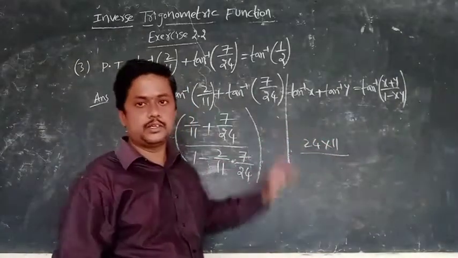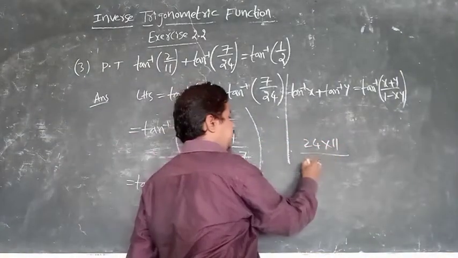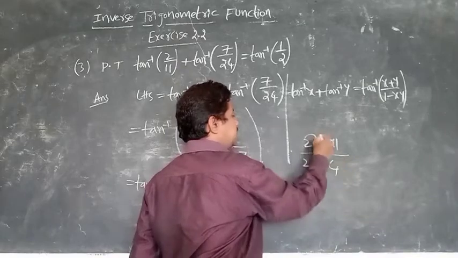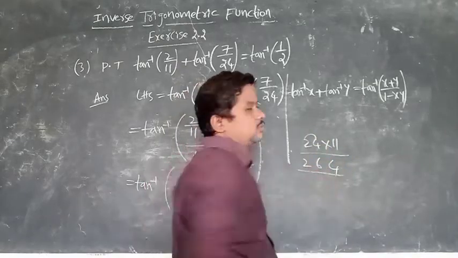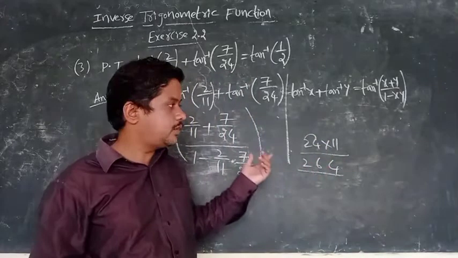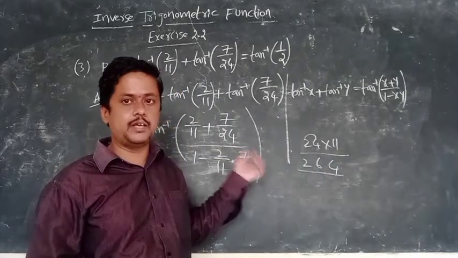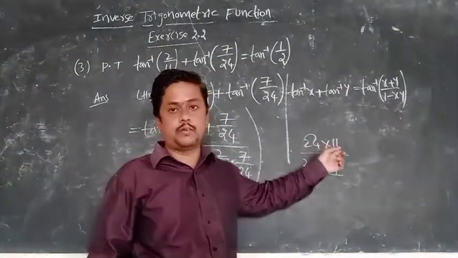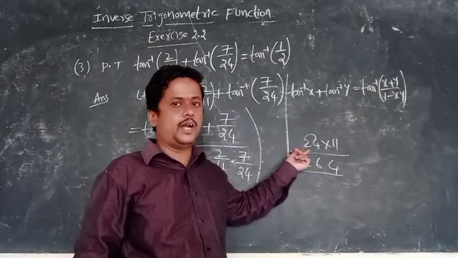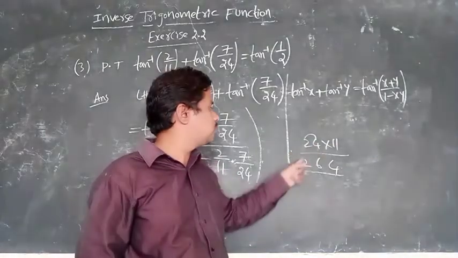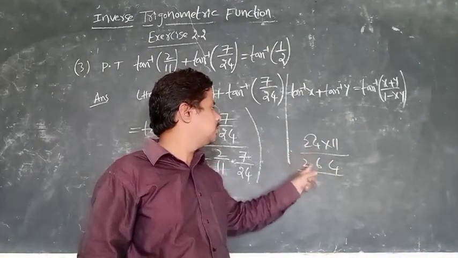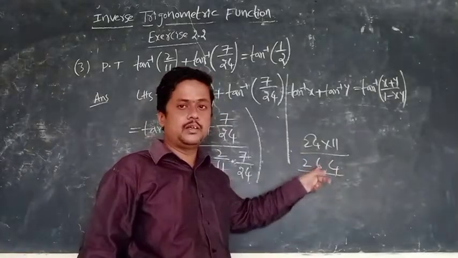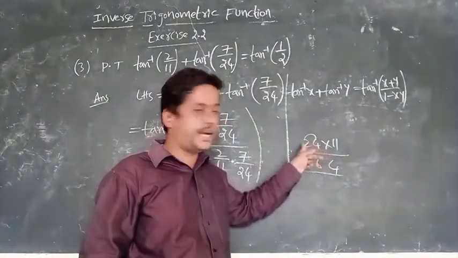24 into 11: write 2 4, and in the middle add these two digits, 2 plus 4 is 6, so 264. If you take any two-digit number and multiply with 11, you do like this: 2 on the left, 4 on the right, and add both in the middle.